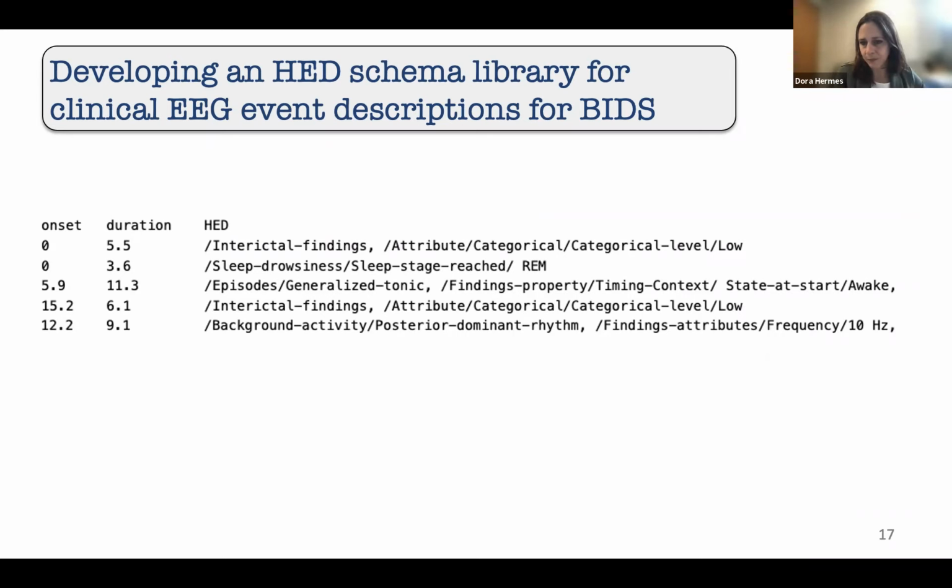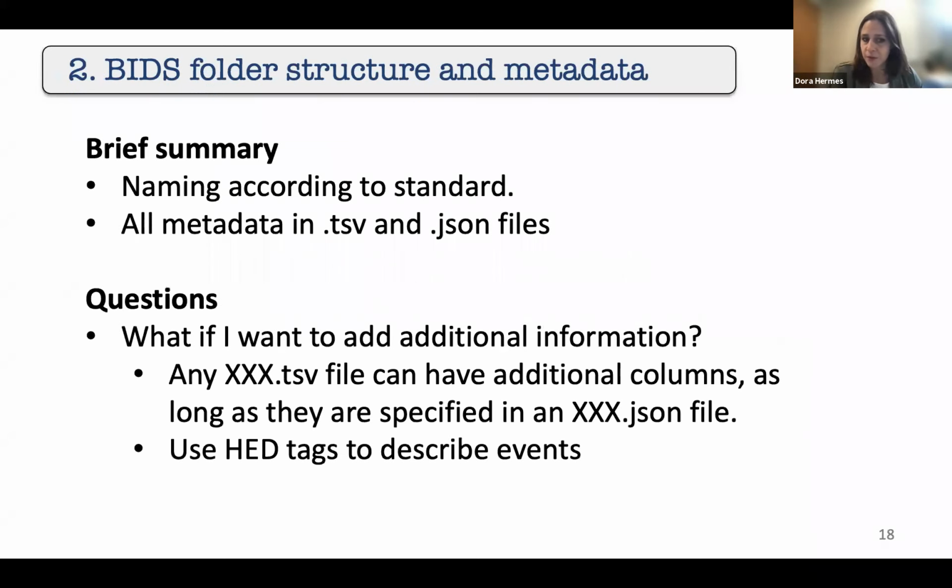It's well described in a machine readable way. So this is one way to enrich the BIDS structure. If you want to add additional information, you can always add it, and sometimes even use hierarchical event descriptors to do that in a standardized way.